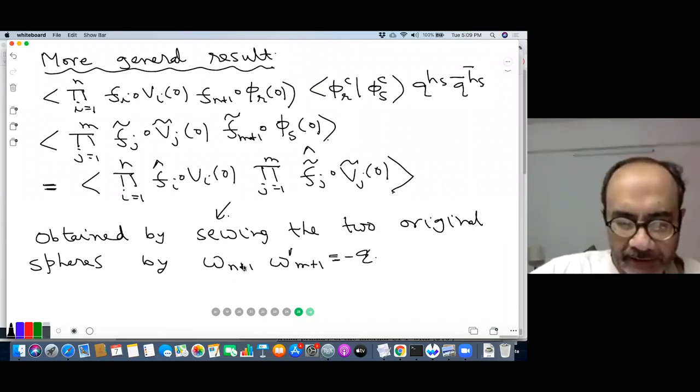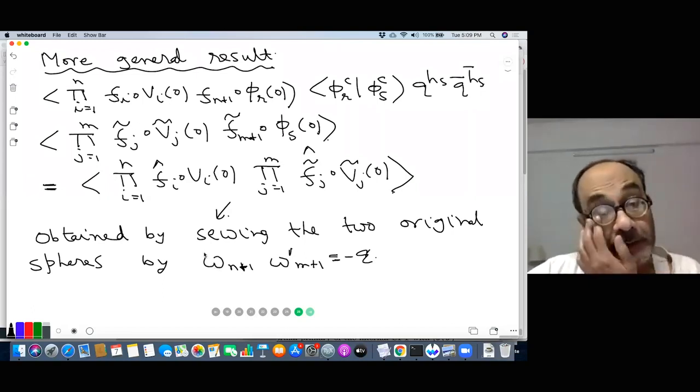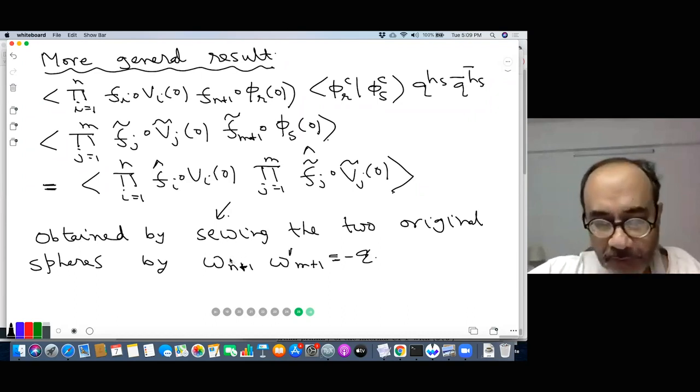The only new ingredient here is that because the relationship between z and w_{n+1} is not simple, is not SL2C, the map between z and w_{n+1} is not invertible. As a result, the z coordinate system, which is valid here, you cannot really continue all the way to the other side.